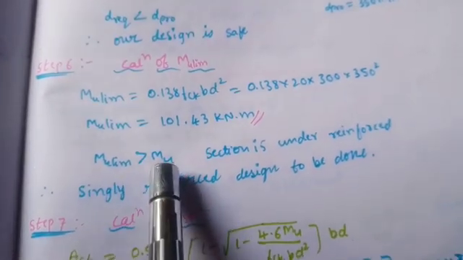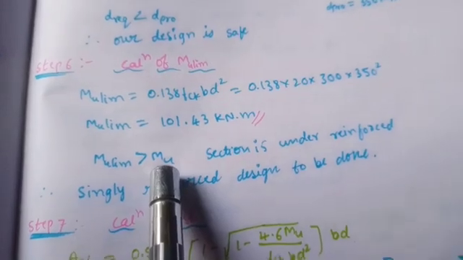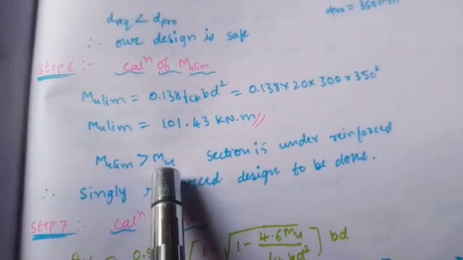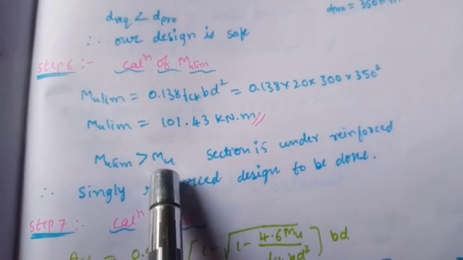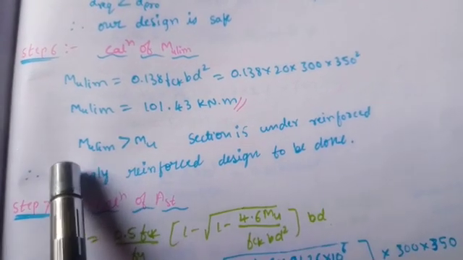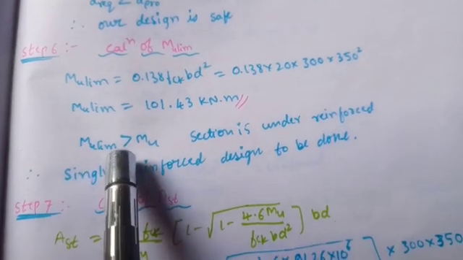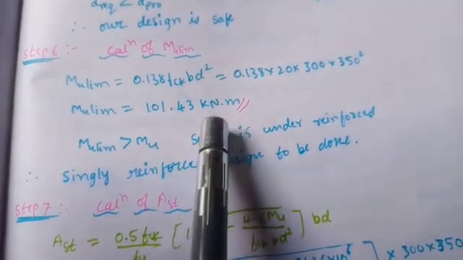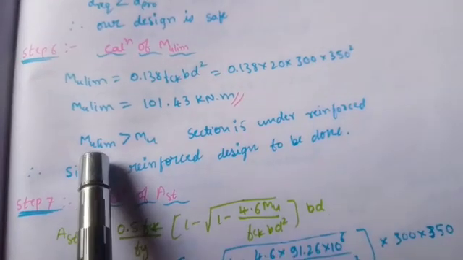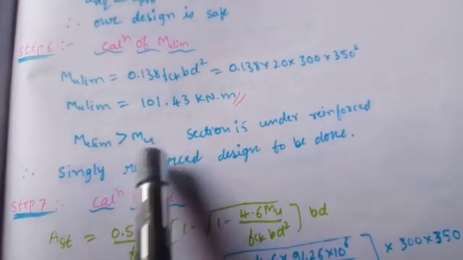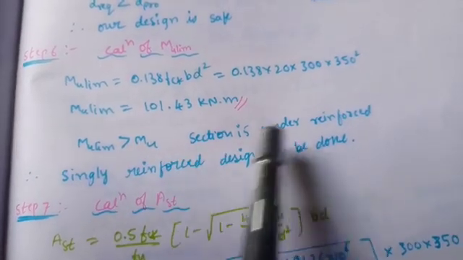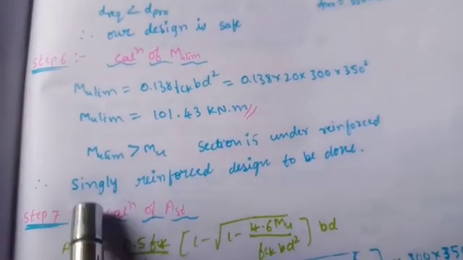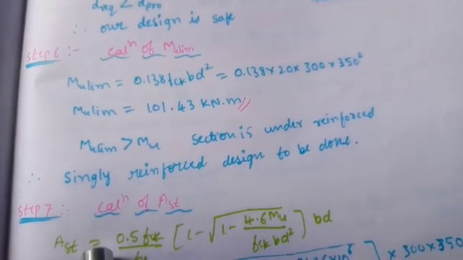Our MU value which we have calculated is 91.26 kilonewton meter. Our MU limit value is 101.43 kilonewton meter. Hence our MU limit value is greater than the MU. When our MU limit value is greater than the MU, our section is under reinforced, so we need to design a singly reinforced beam.